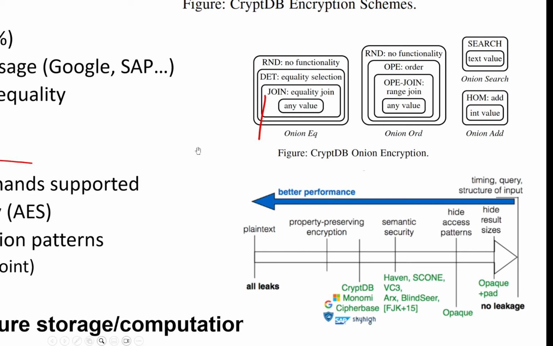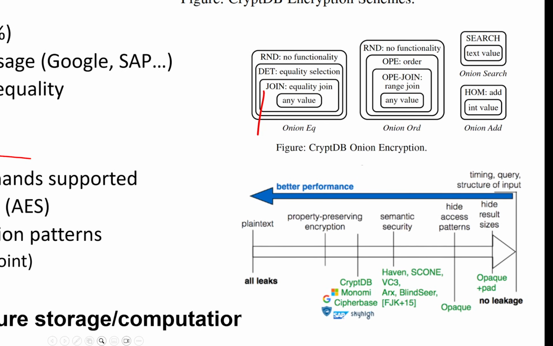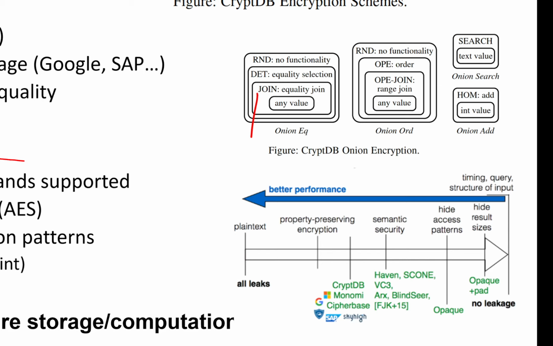Obviously, that's revealing less information, but still not so good. You can also hide access patterns. That's not covered at all. So if somebody is always asking for the same data in the proxy as well, then that could also be used to identify what it's used for. Hide result sizes and so on. You can add various additional security elements to it.